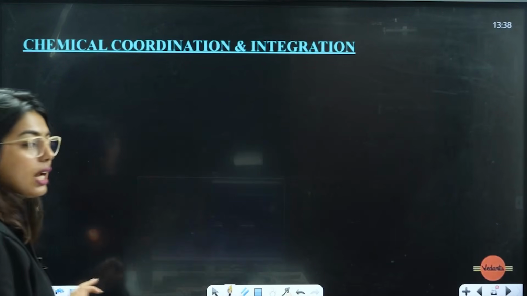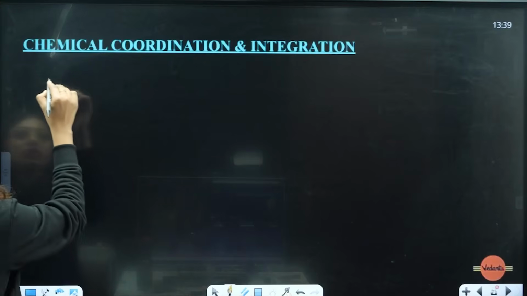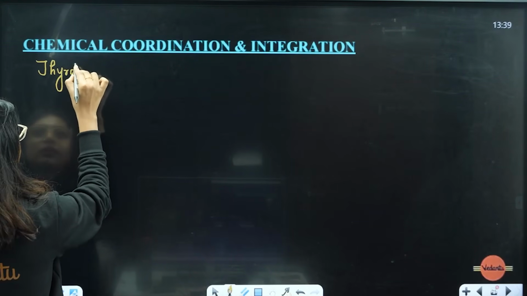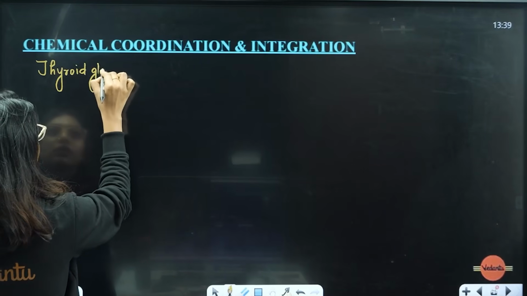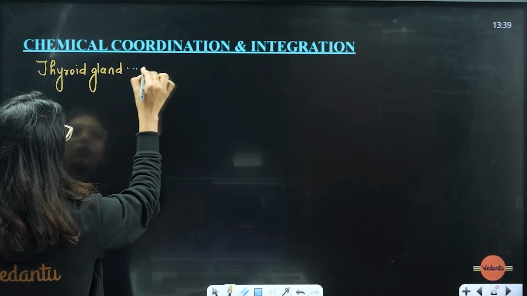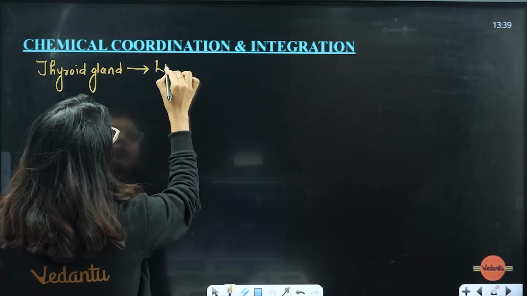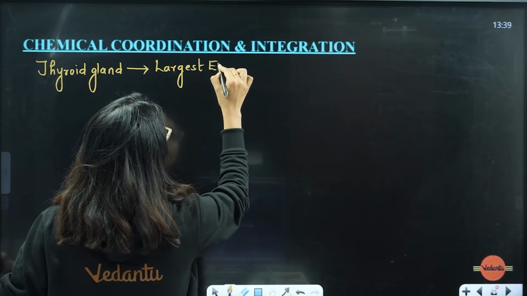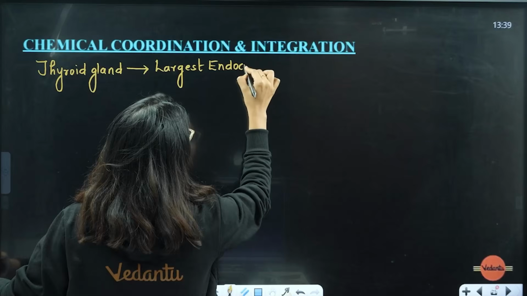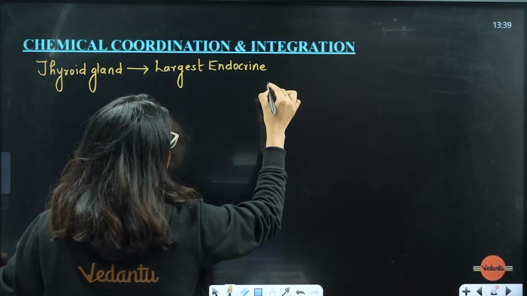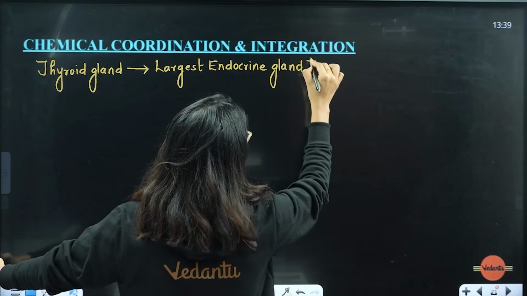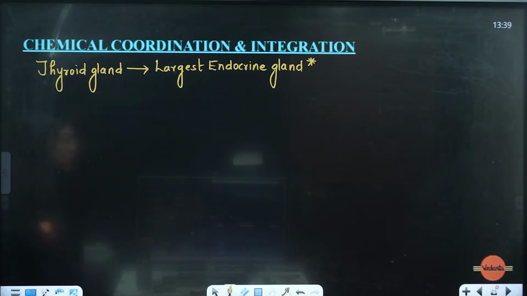Students, the thyroid gland is the largest endocrine gland. Okay, first you should know that. Largest endocrine gland. Important. This is understood, no?